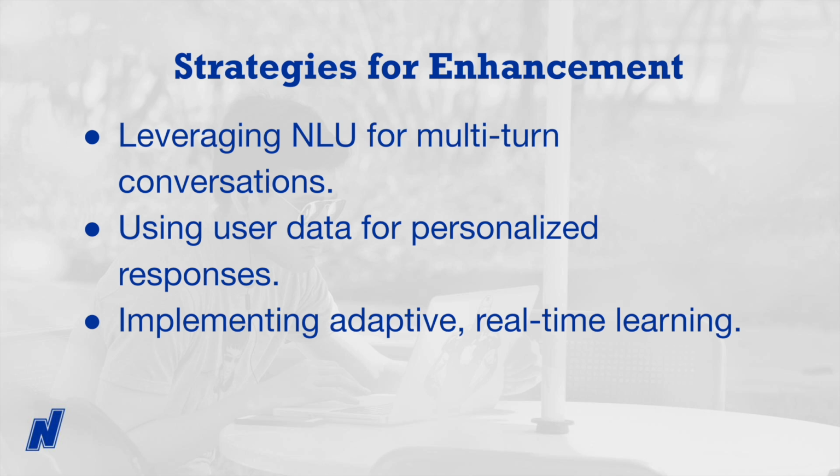Second, personalization makes bots more user-centric by using preferences and interaction history. For example, an e-commerce bot can suggest products based on previous searches. Lastly, adaptive learning allows bots to learn from interactions and improve over time. These strategies transform chatbots into dynamic, user-friendly systems.